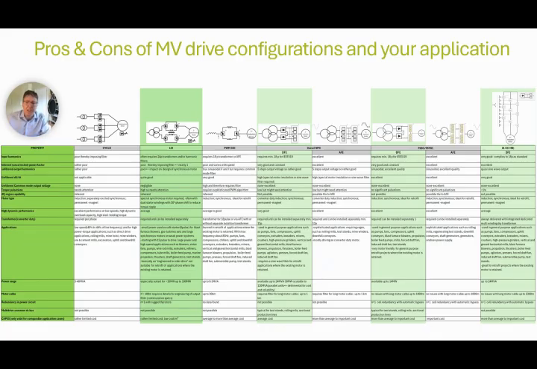Next in line, the motor type. The LCI can only drive, as already mentioned, a dedicated synchronous motor. And as mentioned before, the 3-level neutral point clamped also requires an inverter duty motor.